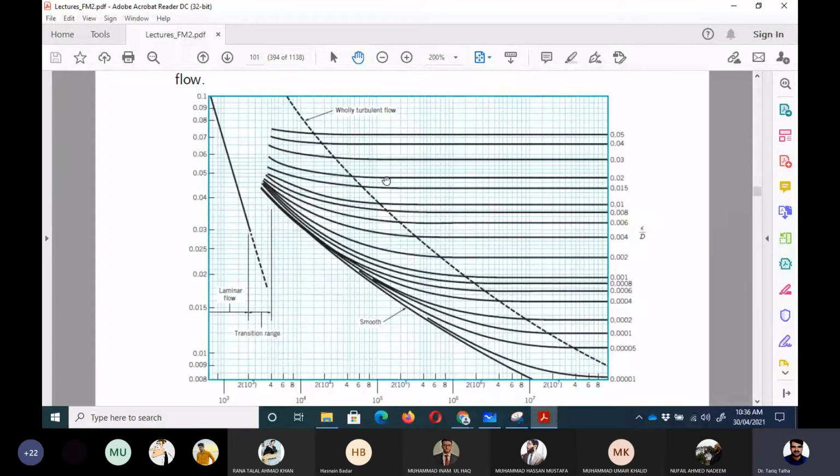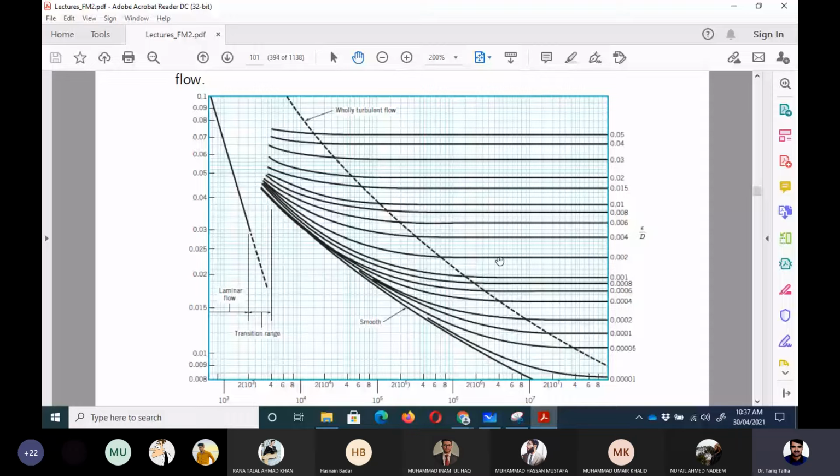Horizontal line means that if we change the x-axis, there is no change in the friction factor value. So after a certain value of Reynolds number for each surface roughness value, the friction factor depends only upon the surface roughness.